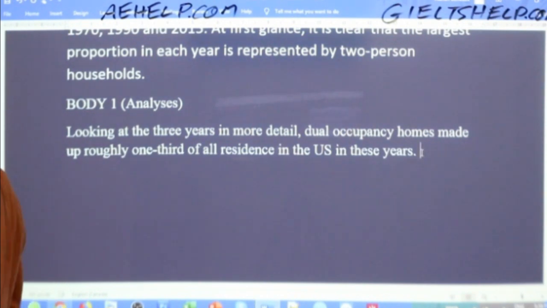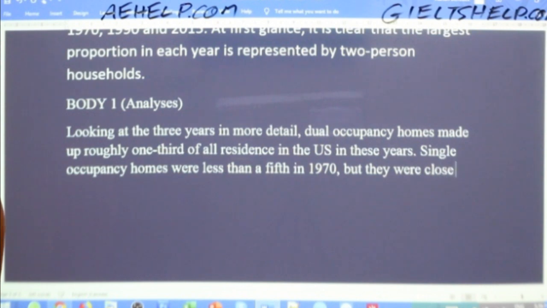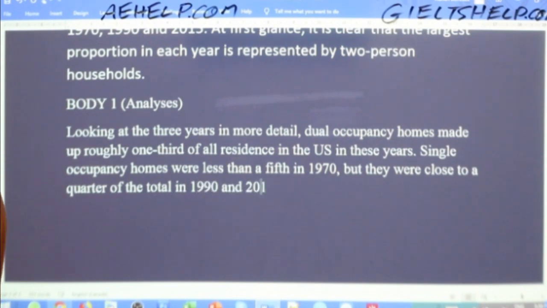Okay, so single occupancy homes were less than 1/5 in 1970, but they were close to a quarter of the total in 1990 and 2015.